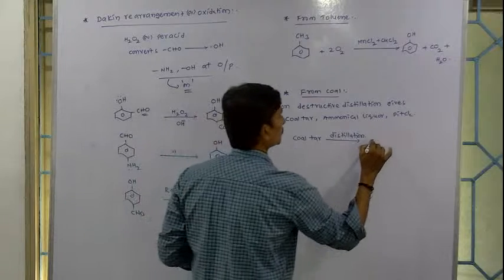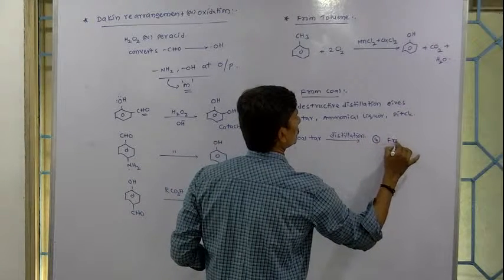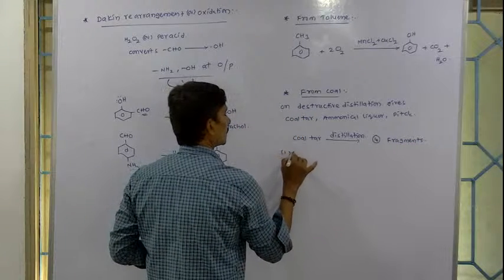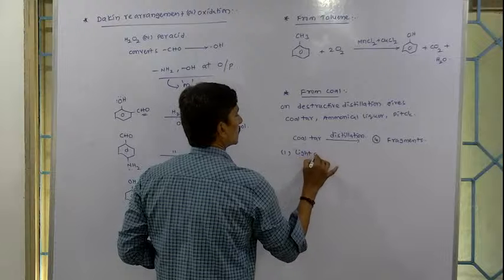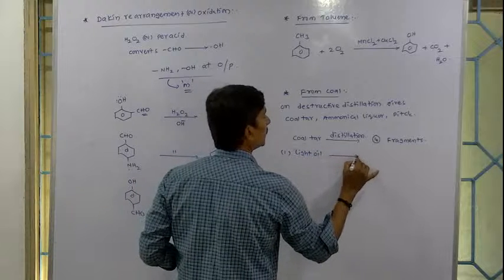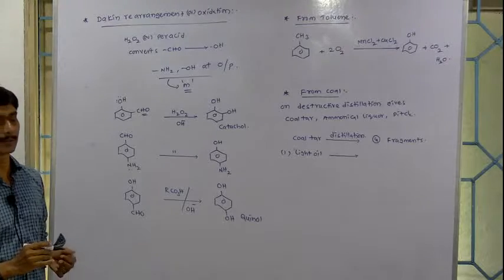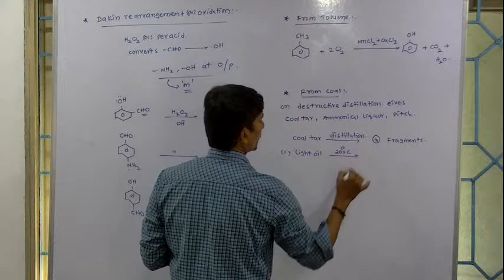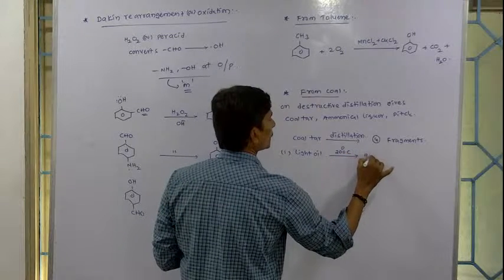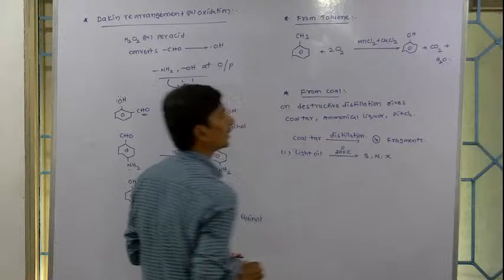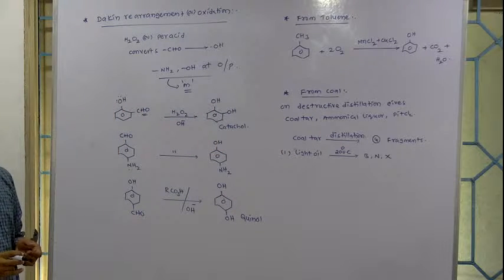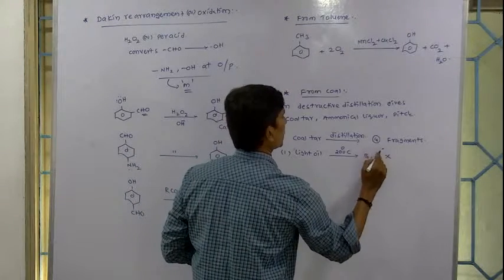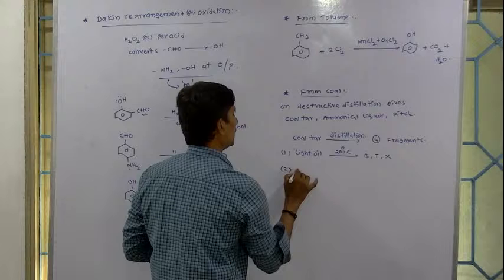One is light oil, which can be separated at 200 degrees centigrade, which contains benzene, toluene, and xylene, BTX.